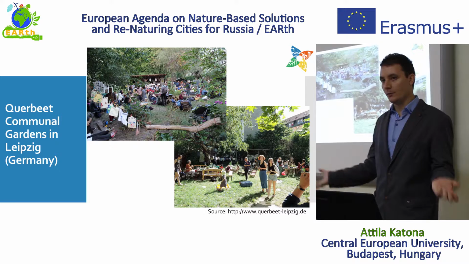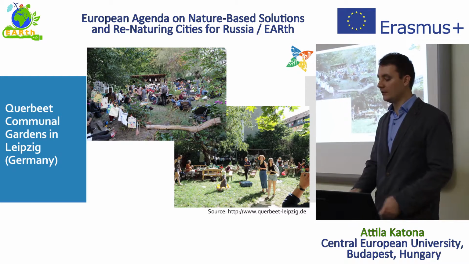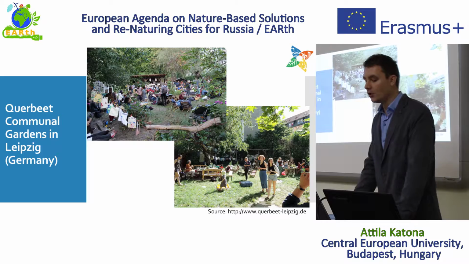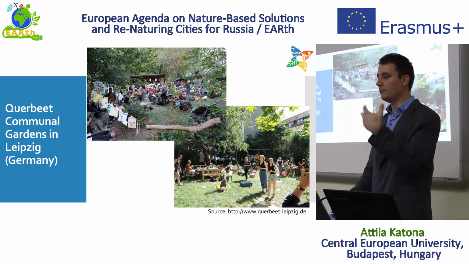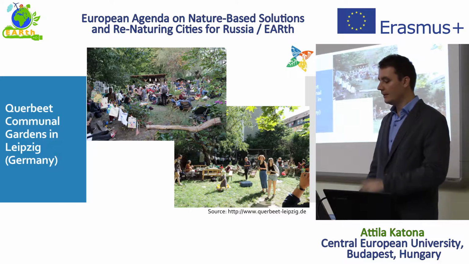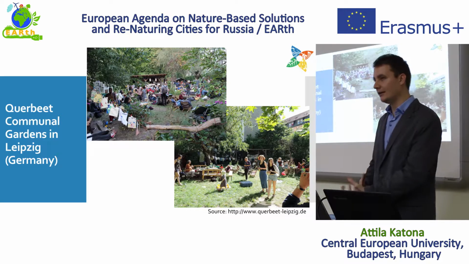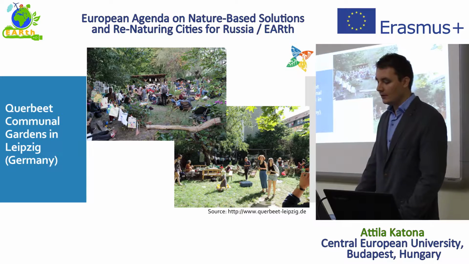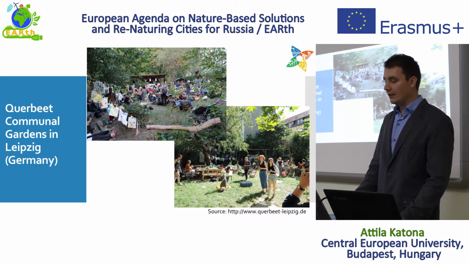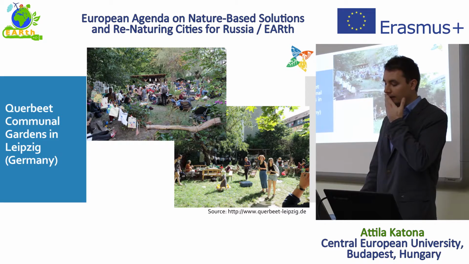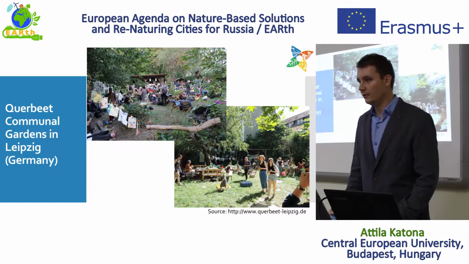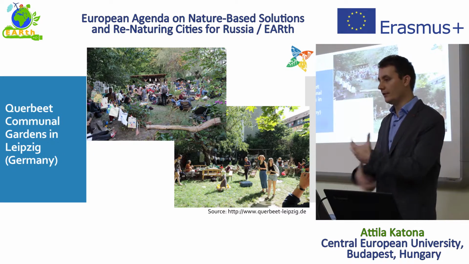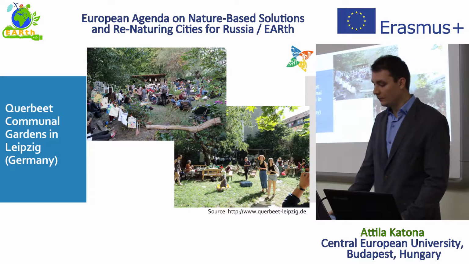This is also from a post-socialist city, Leipzig in Germany, where a communal gardening project happened in a densely populated area. It's sort of a panel building, prefabricated area. It's quite a poor, economically disadvantaged place in the city, with lots of these prefabricated panel buildings. And so local communities came together, a couple of gardening enthusiasts who wanted to turn this area into a greener and more livable place.